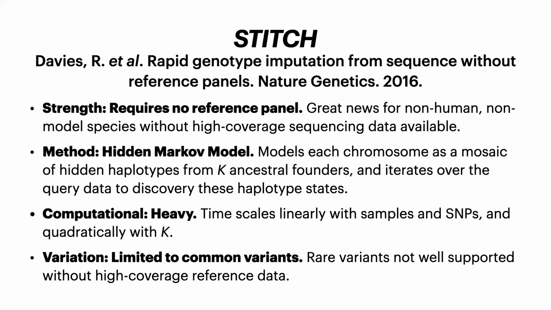It relies on the hidden Markov model. So it's basically studying your query set of data, your low coverage sequencing data, and trying to discover what the ancestral haplotypes are given a number of presumed ancestral founders. And it just iterates over the query data to discover these haplotype states. So I like that approach. You're learning from your own data.